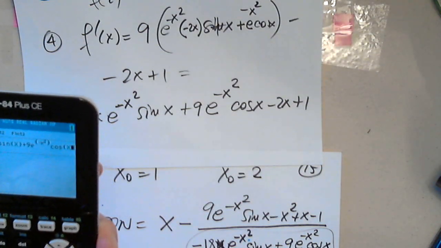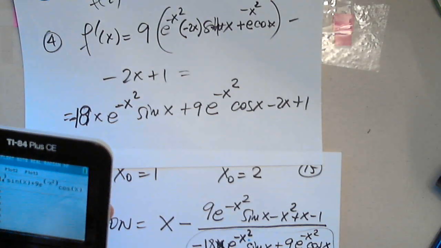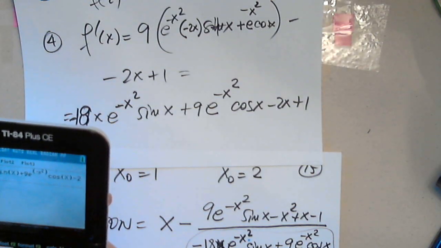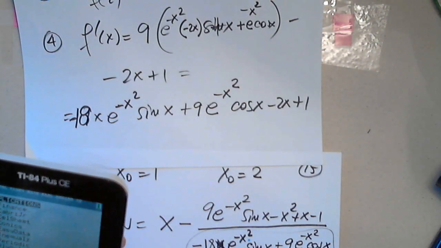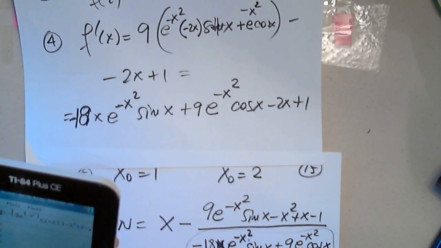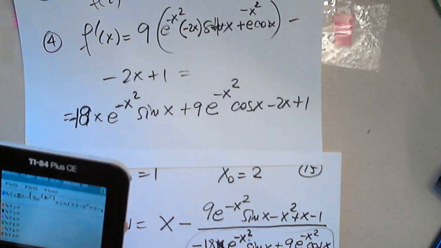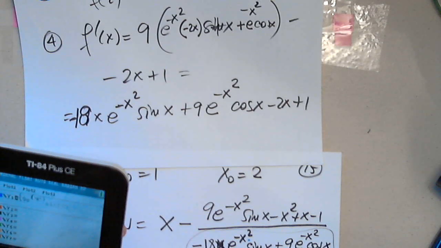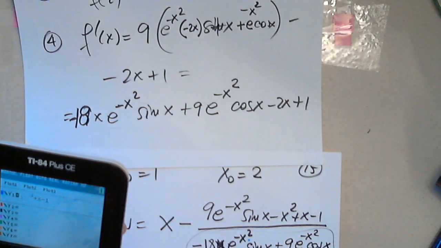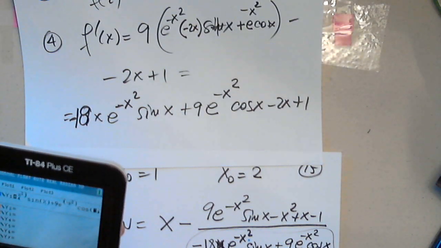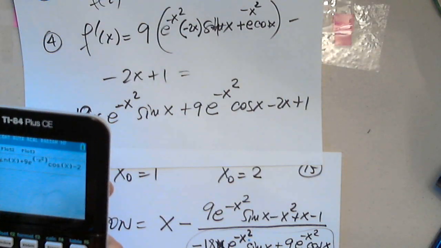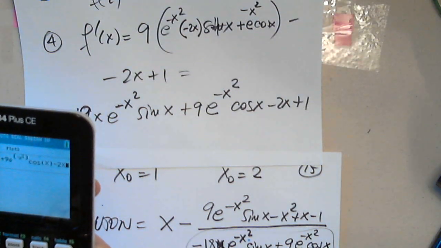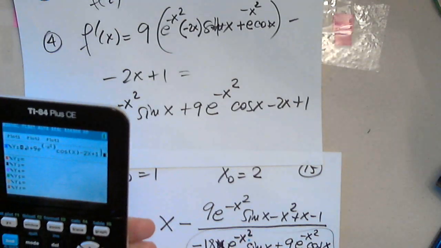Cosine x, close the parenthesis for cosine, minus 2x plus 1, close the parenthesis.